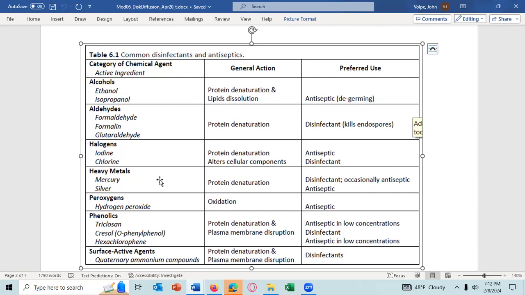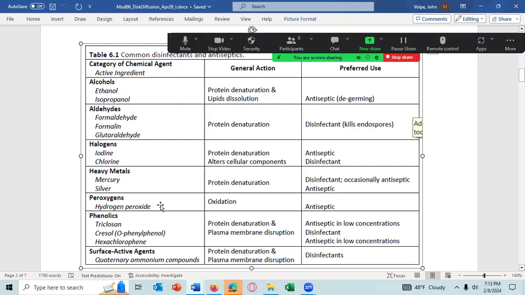And so we're starting to use heavy metals again in the health care industry. For example, they will often, not all the time, but often put a heavy metal in some gauze that's covering a wound to keep the wound from being infected. Heavy metals stopped being used only because they were toxic, and then there were other agents which were better, like antibiotics. But because of the development of drug resistance, we've come back to using heavy metals. I've already talked about peroxygens.